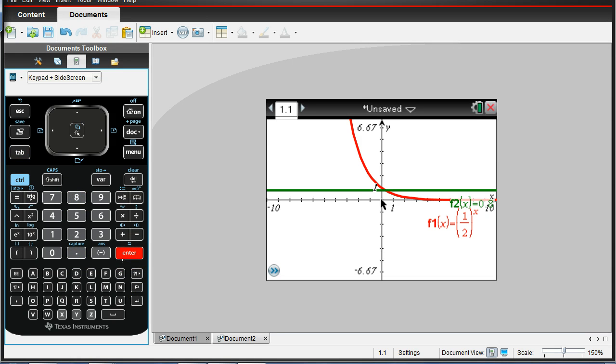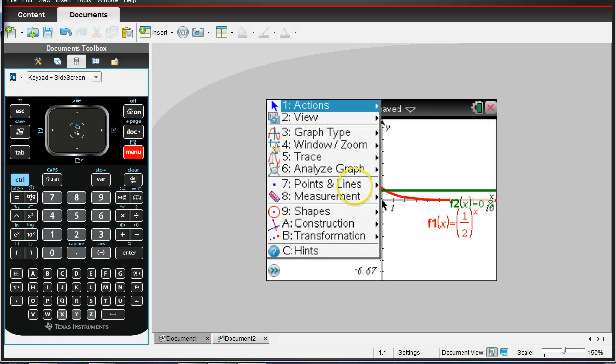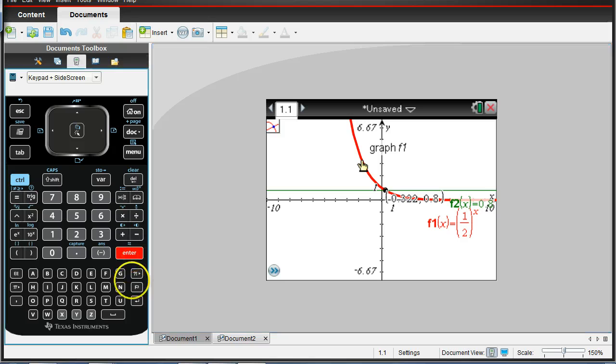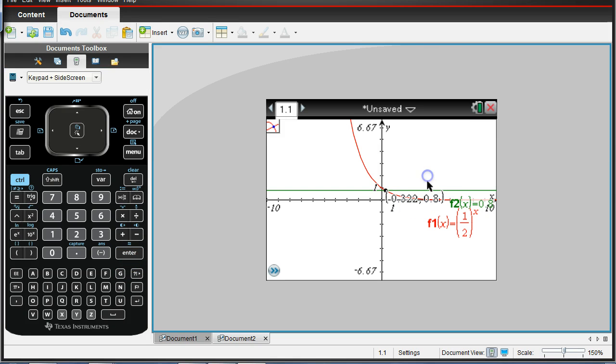And where they intersect, that's your solution. Now to get that intersection point, you go to menu, go to points and lines, and look for intersection points. We're going to select each graph. So I'm going to select this green graph, and notice how once I select it, when I move my cursor over it and hit enter, and then move my cursor over this one and hit enter, we get our solution.